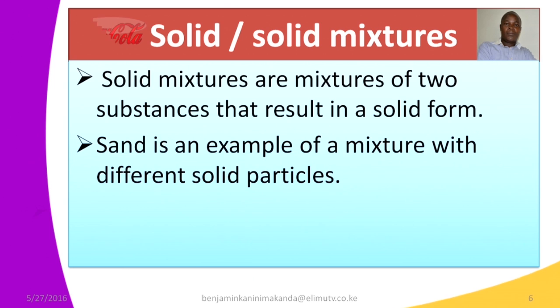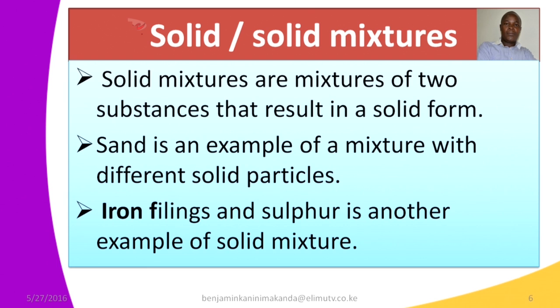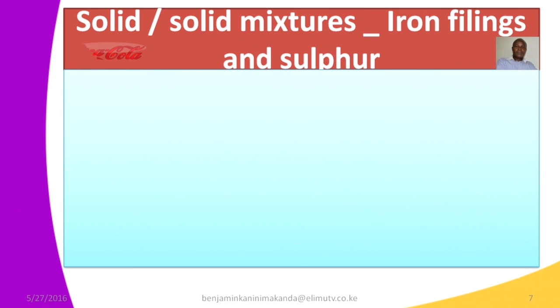The other example that we can highlight here is iron filings and sulfur, which is another example of a solid mixture. Iron filings are gray in color, and sulfur powder is yellow in color. When you mix them, they are in the form of solids, so they are classified as solid mixtures. Still on solid mixtures, we now focus our discussion on iron filings and sulfur.